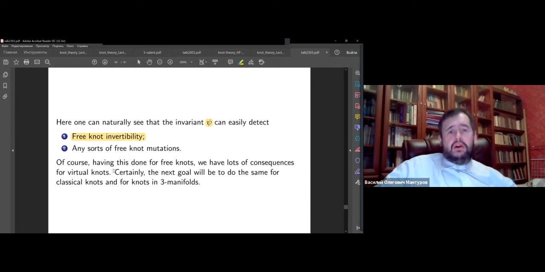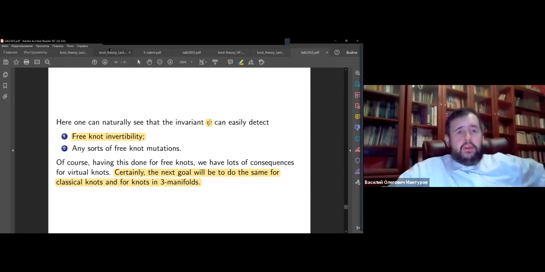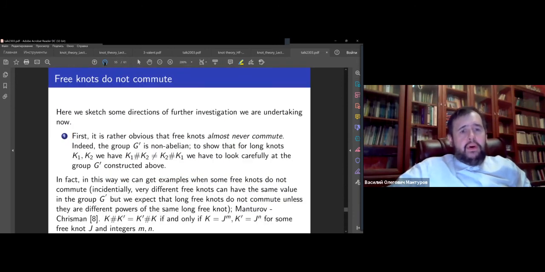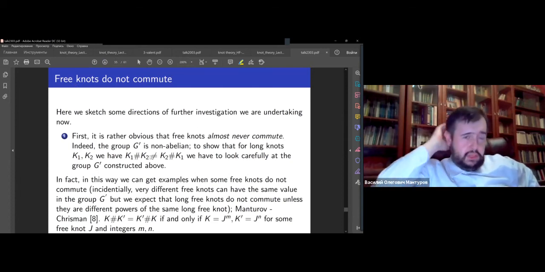And actually, next goals will be to do such things for classical knots in 3 manifolds, whatever. We have to find appropriate parities, and actually we do have for the cylinder, and this will be maybe number 2 step. And actually, more or less, obviously, we see that 3 knots do not commute.